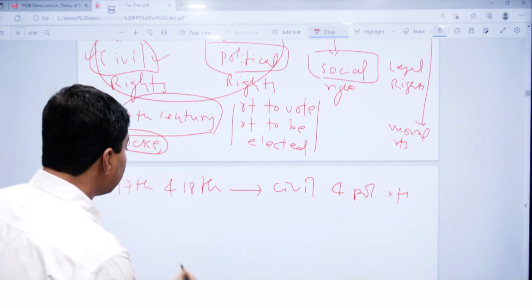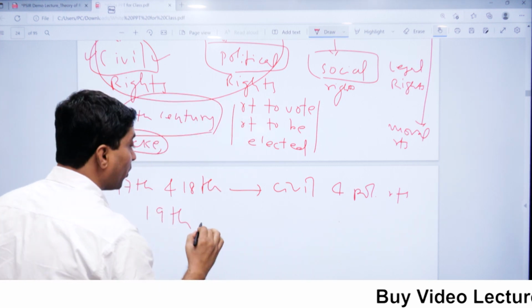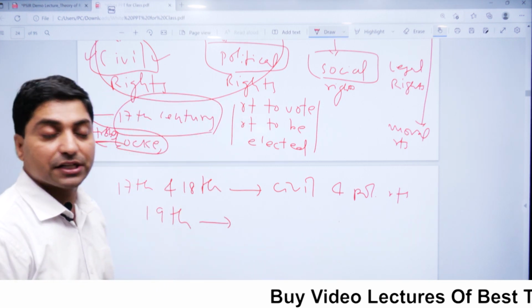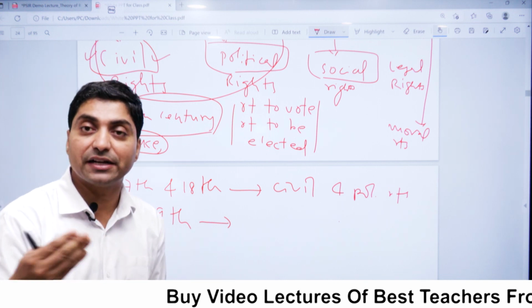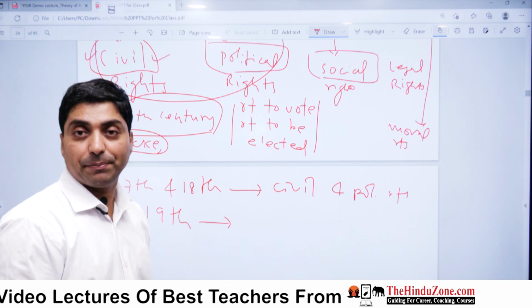And in the 19th century, political rights evolved further. The right to vote was granted to women and to other sections of people.